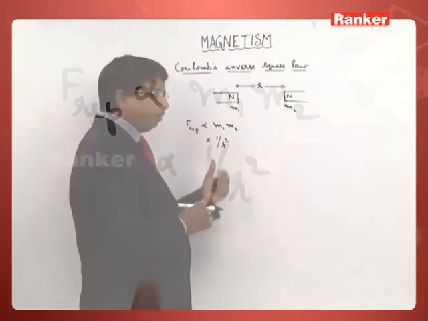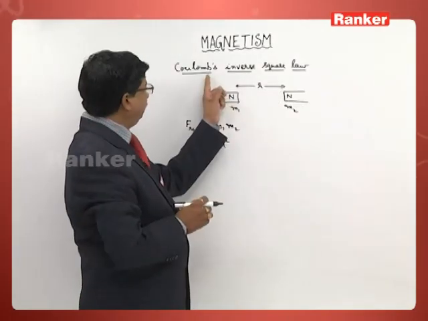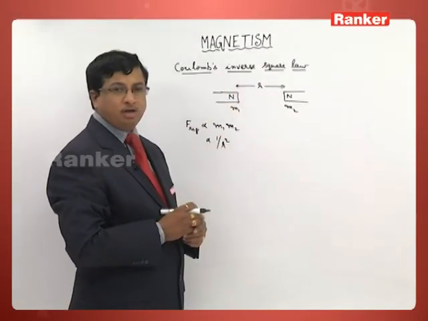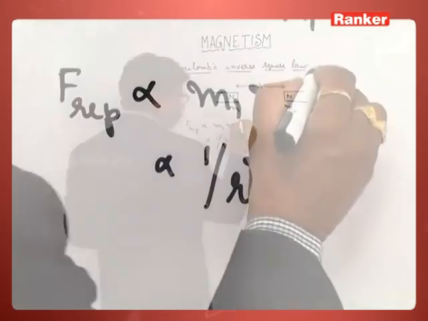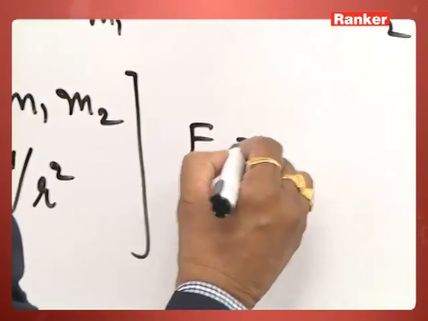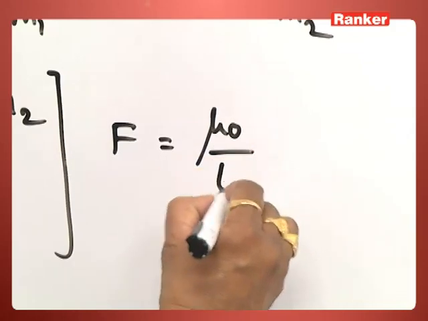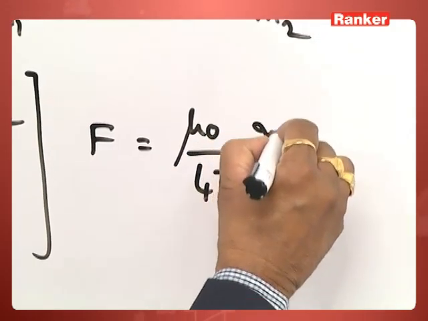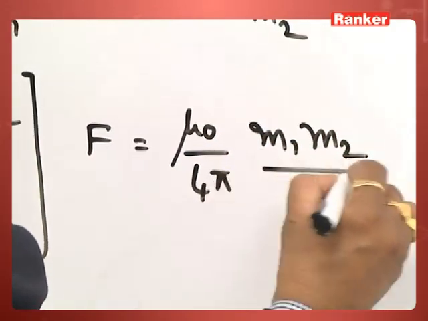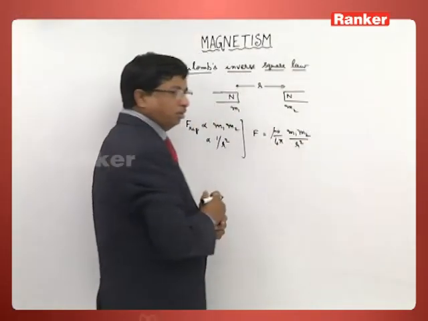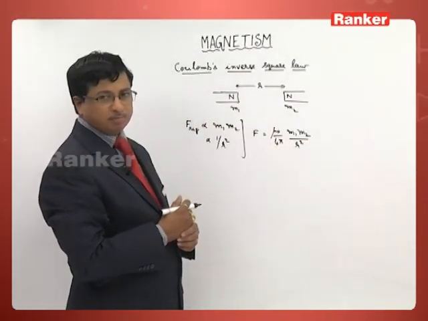In fact, this part of the law itself is called the inverse square law. With a constant of proportionality, mu naught by 4 pi, F equals mu naught by 4 pi into m1 m2 by r square. That is the basic equation we write.